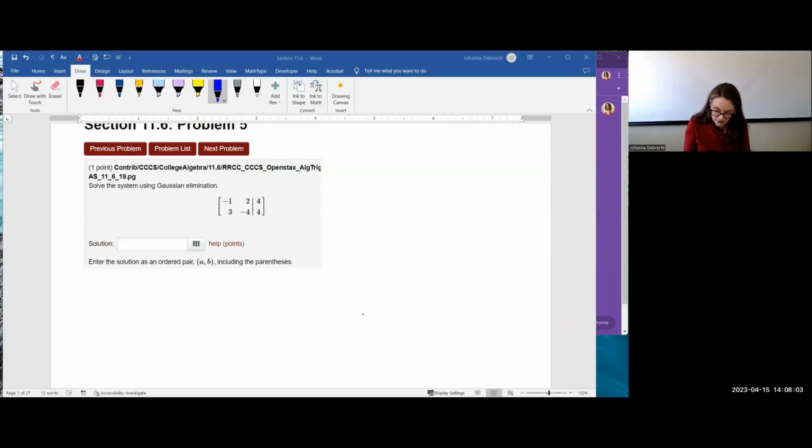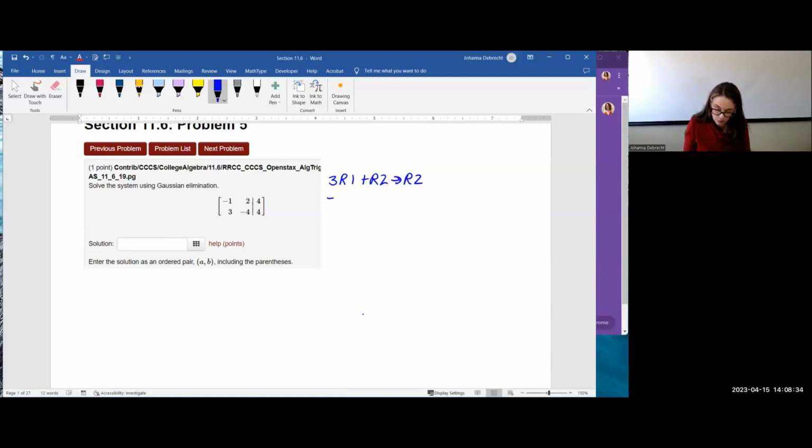So I'm going to look at this one, and I know that I want this first one to be a +1, but I also know that below it, I want that to go away. Because these already have opposite signs, before I make that first one a 1, I'm going to use addition elimination to get rid of the 3. So I'm going to take 3 times row 1, add it to row 2, and put it back into row 2.